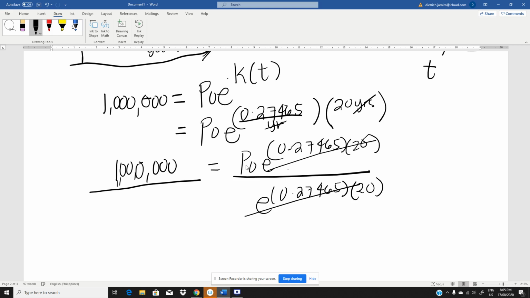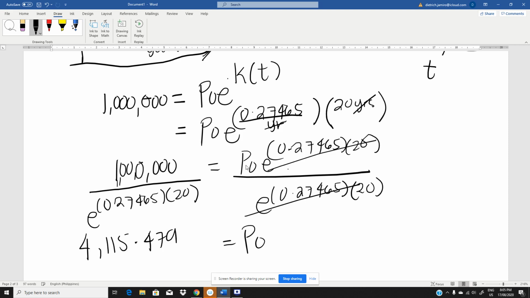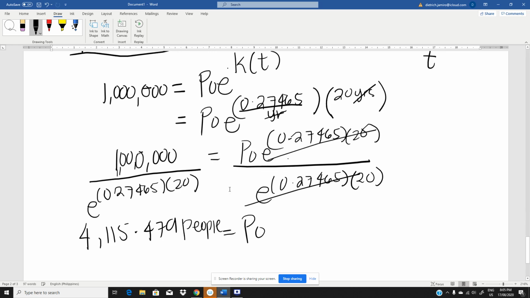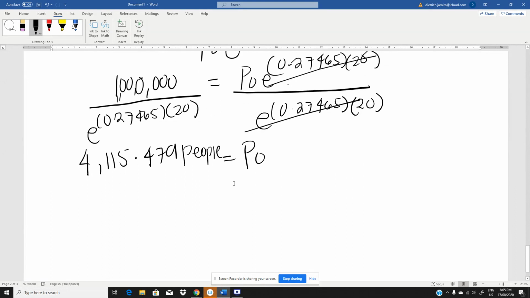And also on the left side, exponential of 0.27465 times 20. So we will have an answer of 4115.479 people. We know that we don't have 0.479 of people, so we will round this one to 4,116 people, which is equal to our P sub O.